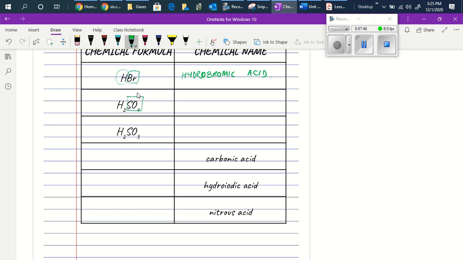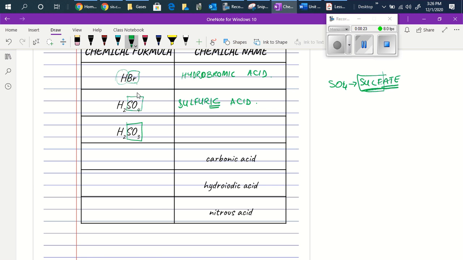So it ends up being the second option that we said there. Now the name of the acid will be just the root without the hydro: sulfur, sulfuric acid.